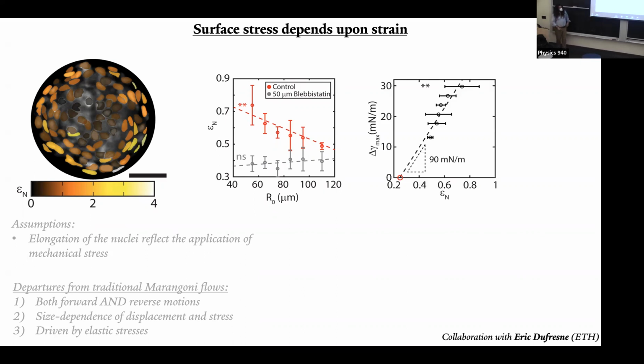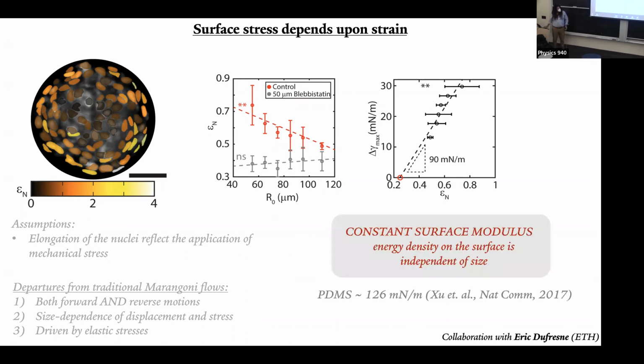And so again, if we were to then get rid of size, pretend that we've never looked, and plot the strain versus the stress, we get a line. And the slope of that line, because we're talking about surface properties, should be something like a surface modulus. Interestingly, the magnitude of that surface modulus is comparable to other stuff.